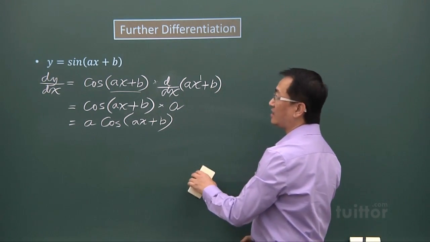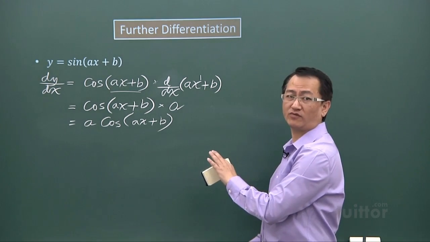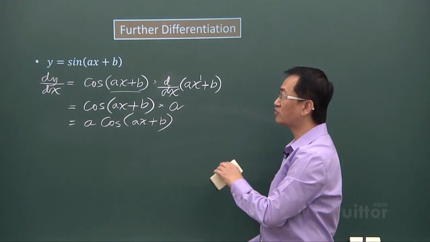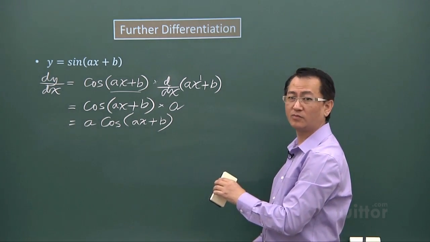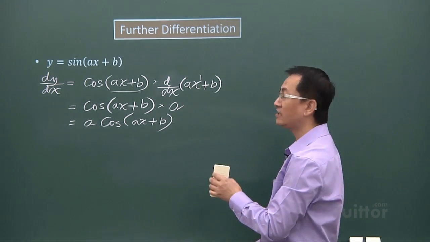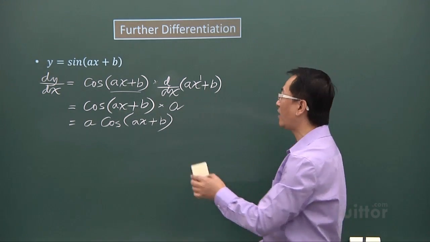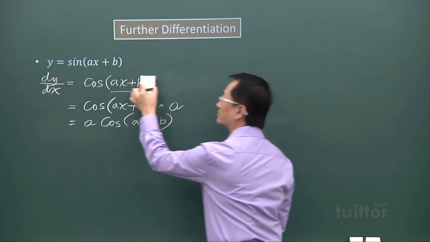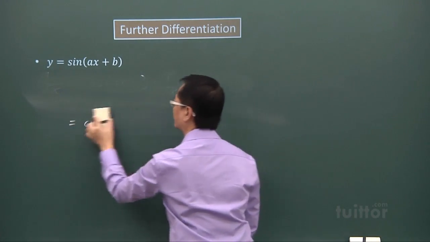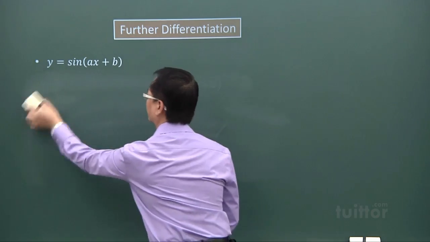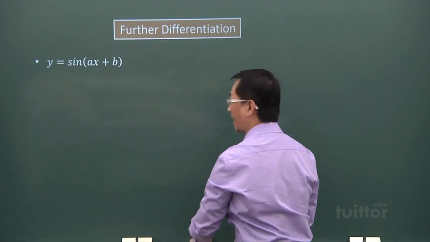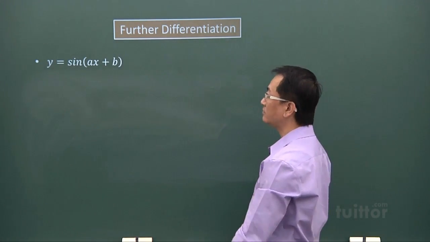Now this is a short way of doing things. Let me just introduce to you the chain rule. Perhaps then you have a very firm form to rely on. This is another presentation for you.